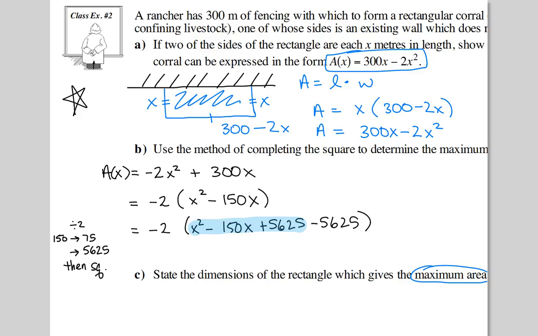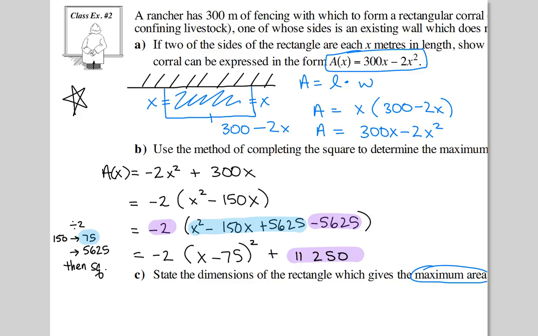And what do we use for the perfect square? Half of the b value. Remember that? So it becomes x minus 75 all squared. And what's out of the bracket? Go see the ex-girlfriend or boyfriend, and then you come out here. So 5625 and 2, the negatives cancel. 11,250. Good.